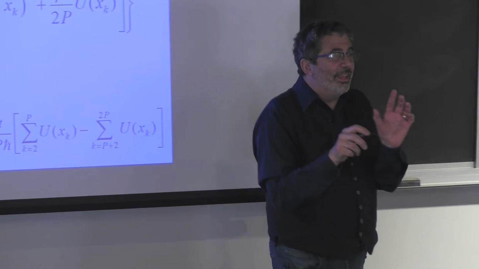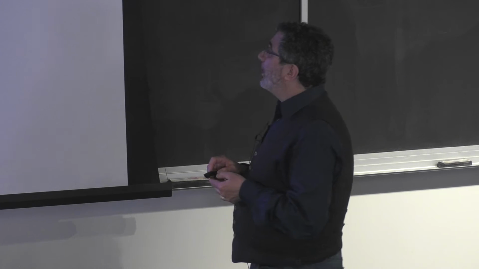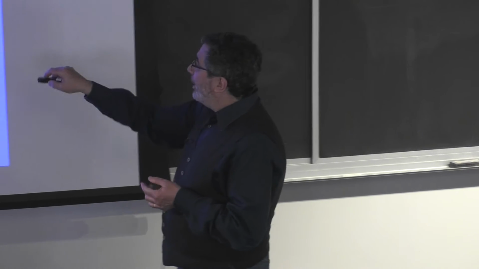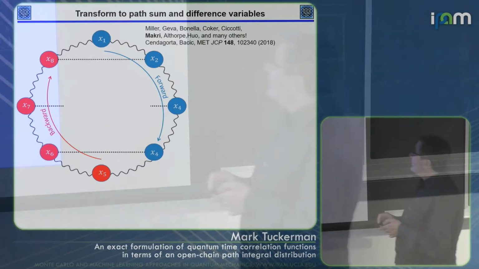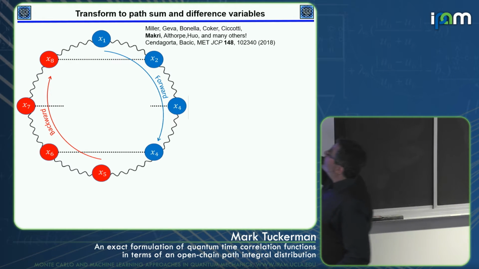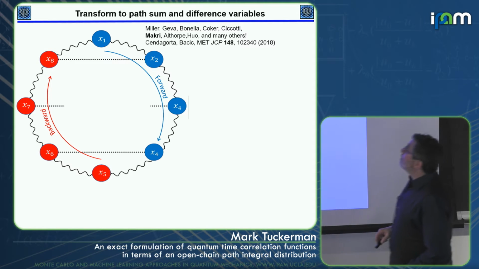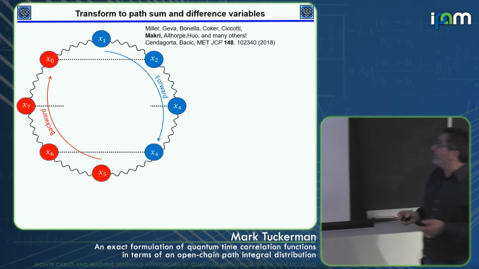So it's the small difference of large numbers problem. Okay. And of course, you have the trace condition. This is why it's a ring polymer. So this is what it looks like. There's your ring polymer. These are the beads for the forward path. These are the beads for the backward path. And you're evaluating everything on this.